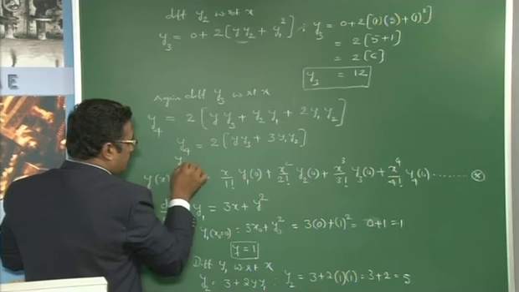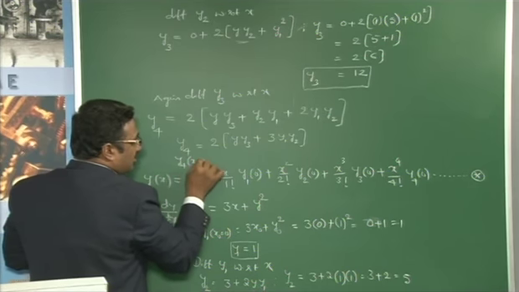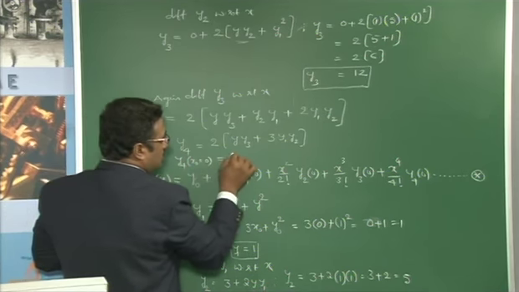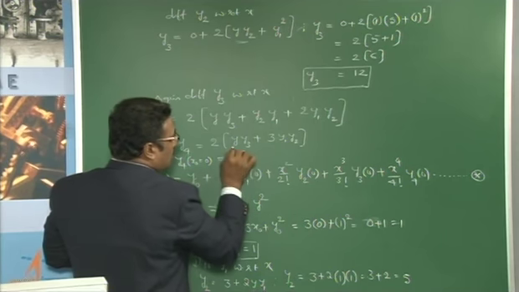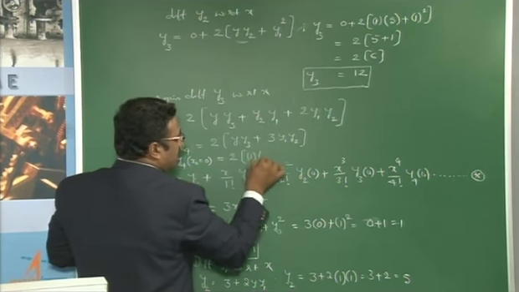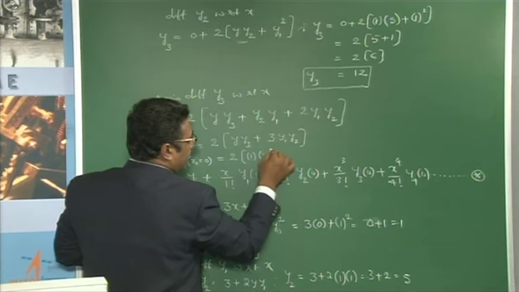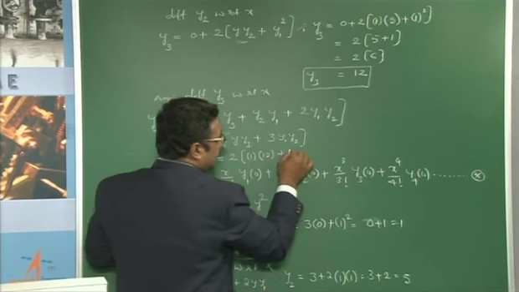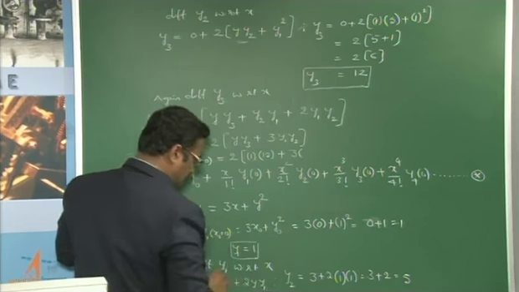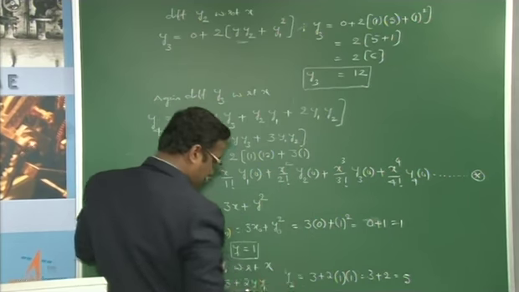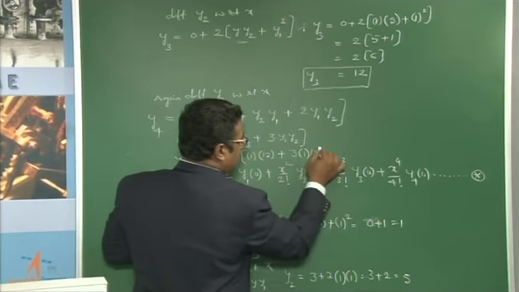Again y4 at the point x naught equal to 0 should be equal to 2 into y naught value 1, your y3 value is 12, plus 3 into, again y1 value is 1, then y2 value is 5.